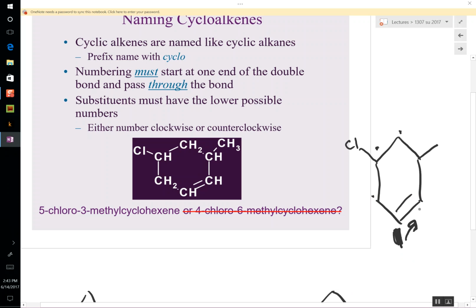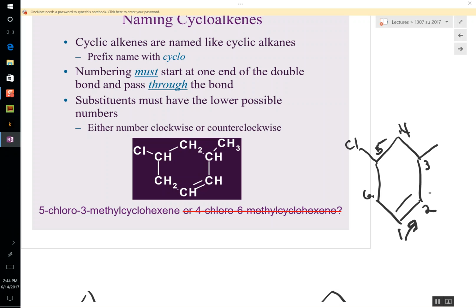Let me clean this up a little bit. 1, 2, right. You got to pass through the double bond. 4, 5, 6. So yeah, what we'll get there is a 3, 5. And if I started with number 2, if I started here, I have to pass through the double line. So 1, 2, 3, 4, 5, 6. I don't get over that till 6.